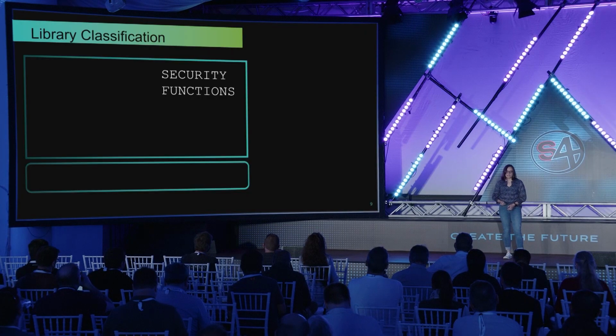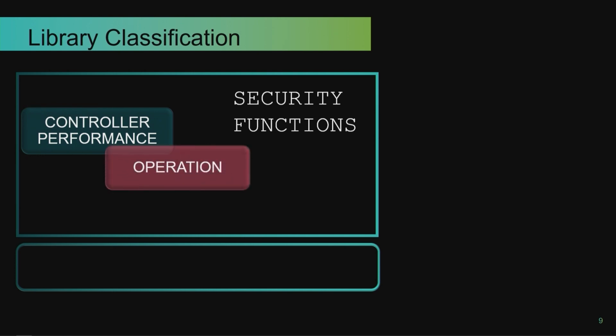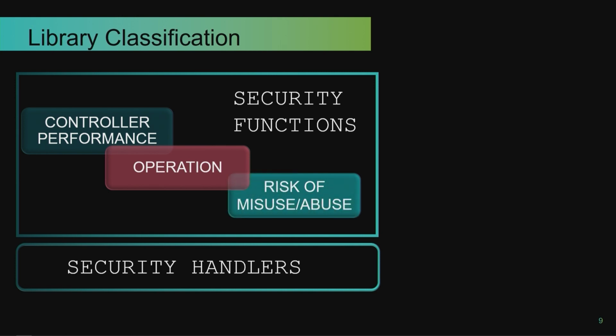So what is the library classification that we create? We have the security functions, and we create them in three phases: controller performance, operation, and the risk of misuse. And inside of that, we have security handlers. The security handlers are the ones that monitor and create security for the security functions. We have also developed in the security handlers a block that is a multiplexer, and that block creates the events.